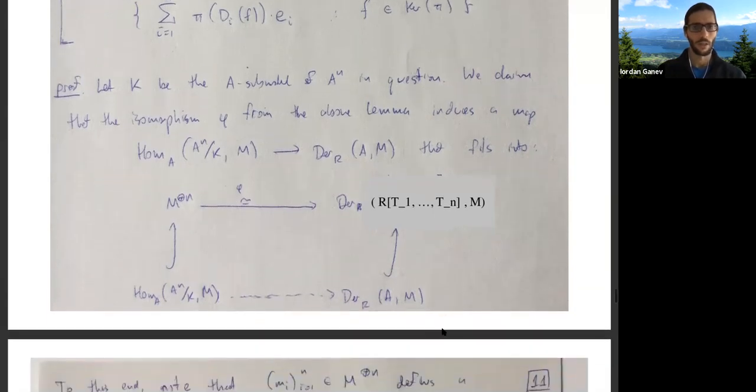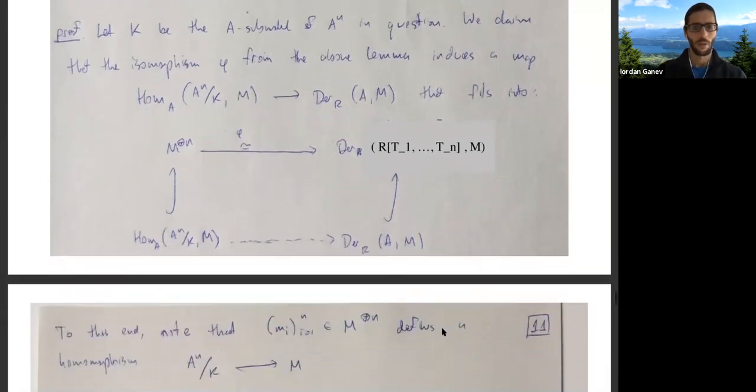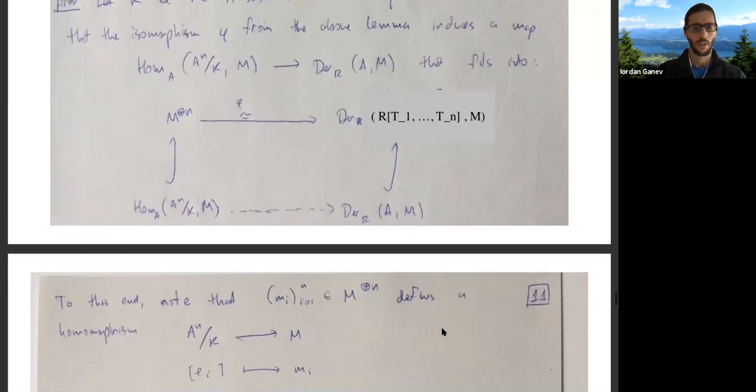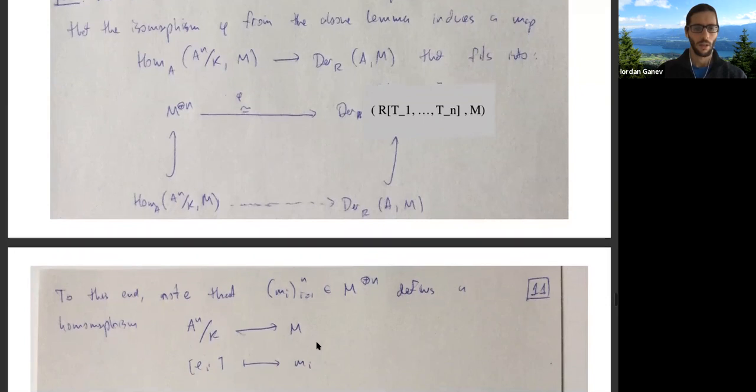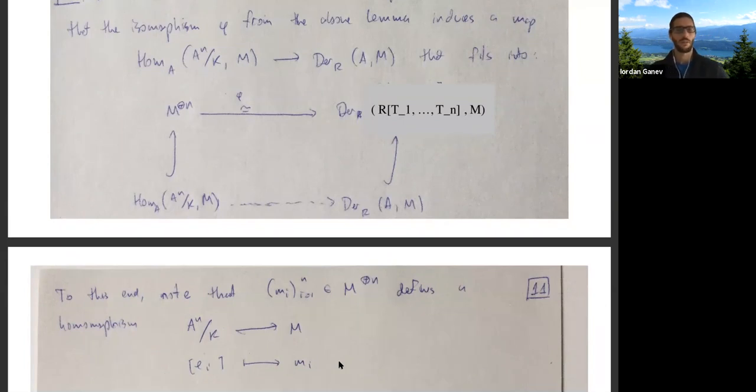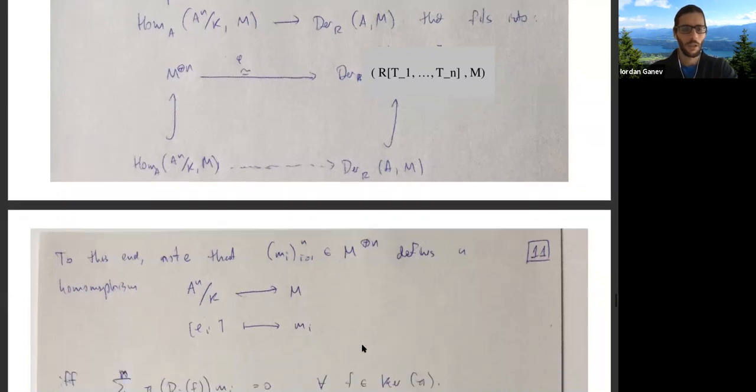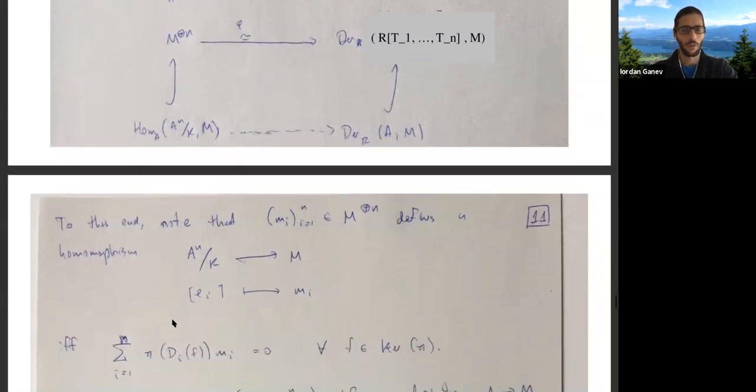So why is there an induced map? Let's take an n-tuple in M direct sum n times. Then we can define a homomorphism from the free module A^n to M just by taking each of these e_i to m_i, and we can see that this homomorphism factors through the quotient if and only if the following condition holds.